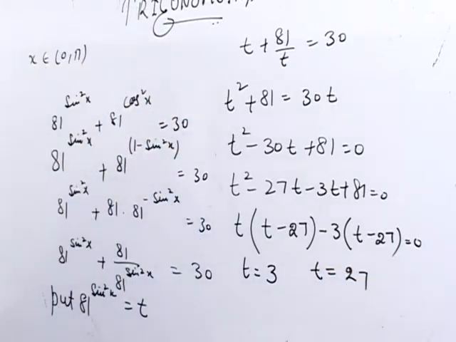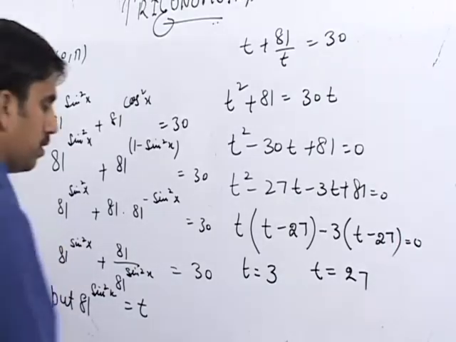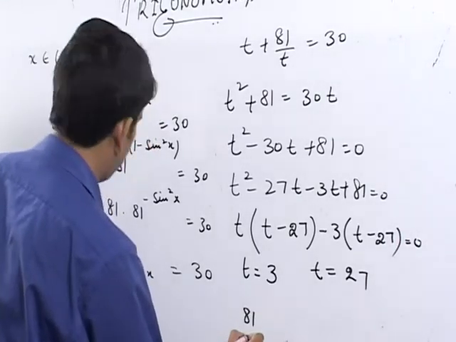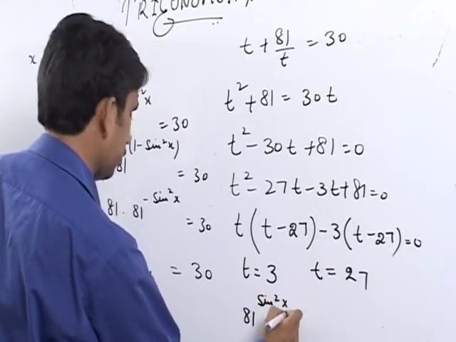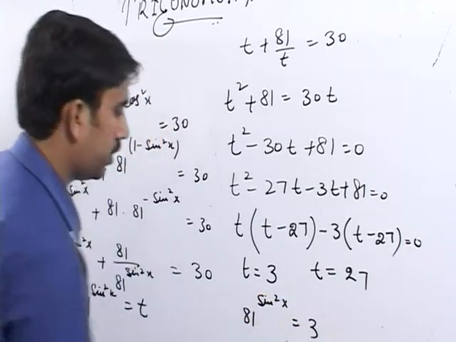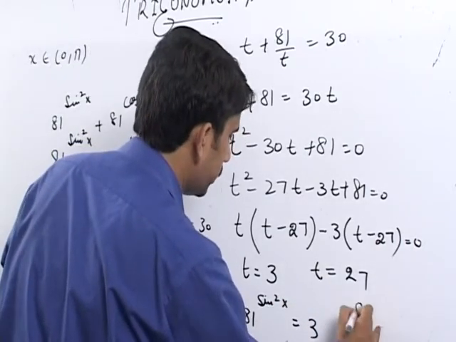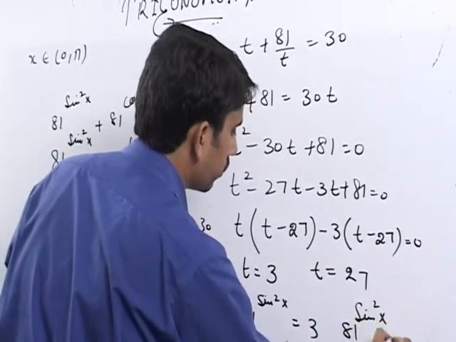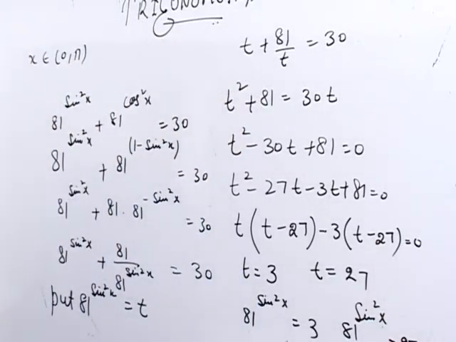Now what was t? t was 81 raised to sin square x. That means 81 raised to sin square x is equal to 3, or 81 raised to sin square x is equal to 27.